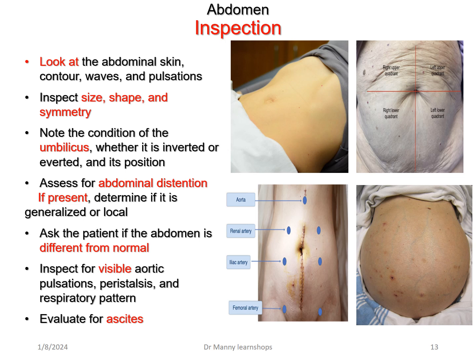You assess for abdominal distension, and if present, determine if it's generalised or only in one area. You ask the patient if the abdomen is different from normal, and you inspect for visible pulsations, which could be related to the aorta, the bowel peristalsis, or maybe even the breathing pattern, and you evaluate for ascites, which is an abnormal collection of fluid in the abdominal cavity.